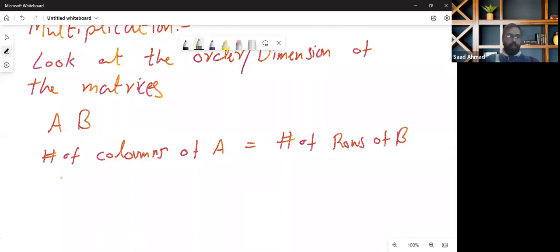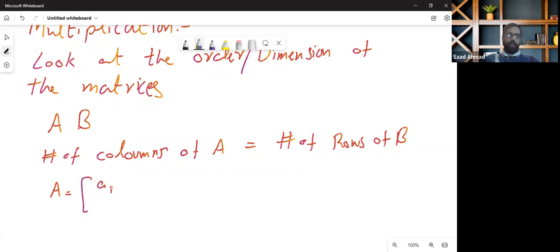Okay, let me give you an example. Let's say a general matrix without the numbers, I'm just representing the entries.